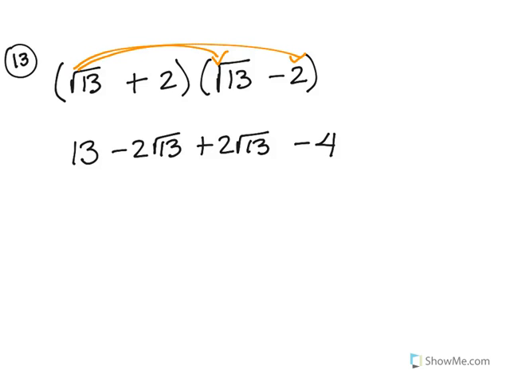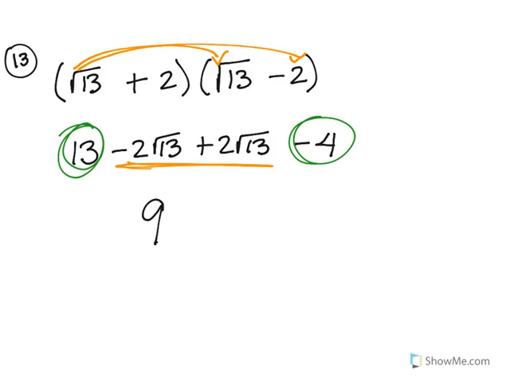And do you see you got 13 minus 4, which is 9, but this middle is going to be 0? So you're only left with that number. And that will always be the case. Do y'all see that?